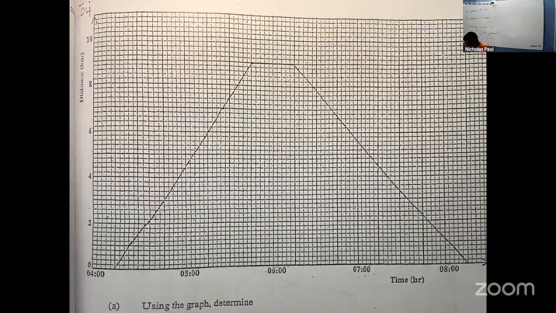And the last part, the speed on the way back. How do you find speed on a distance time graph? Let me pick on somebody new. How do you find the speed on a distance time graph?